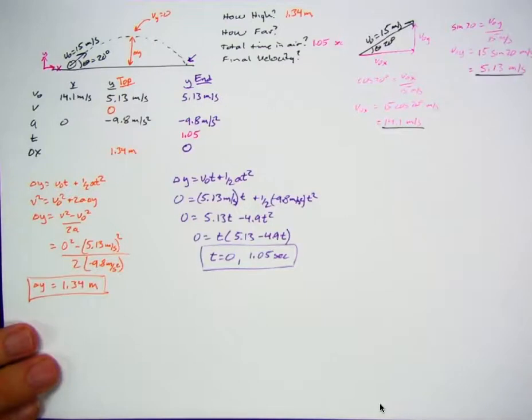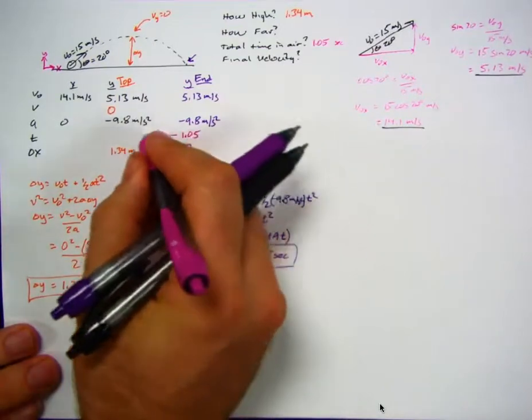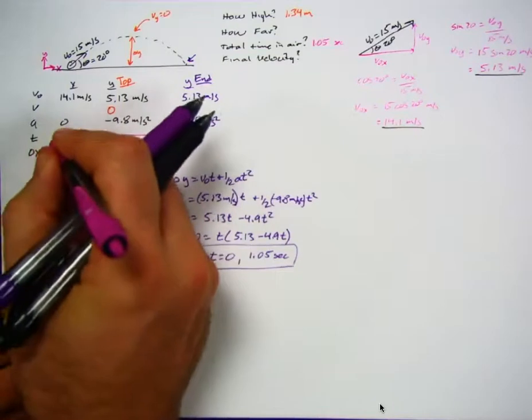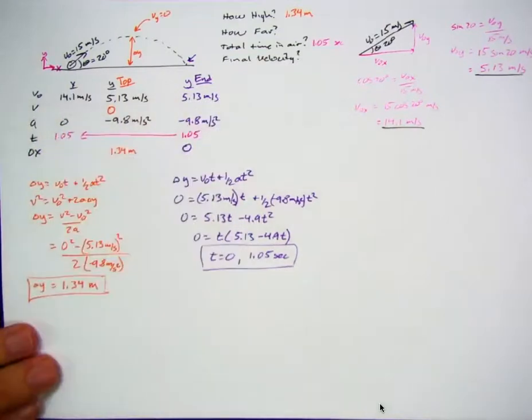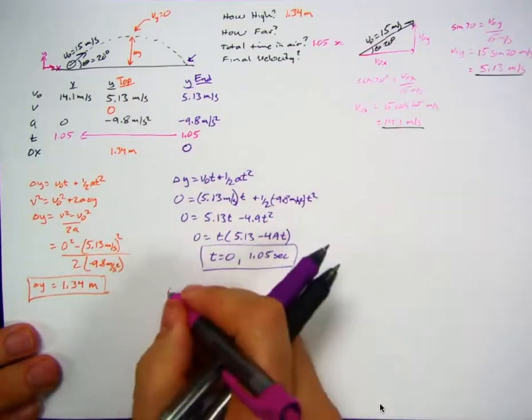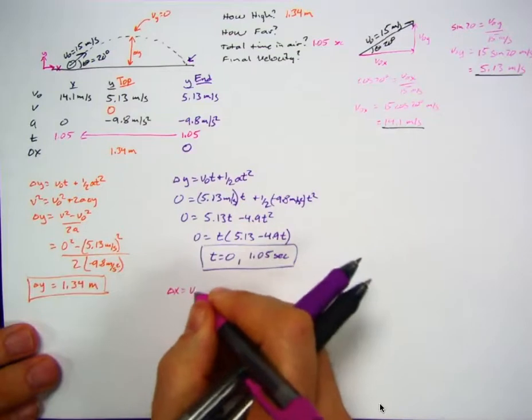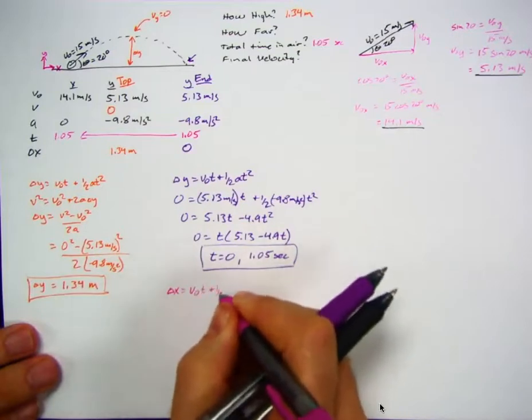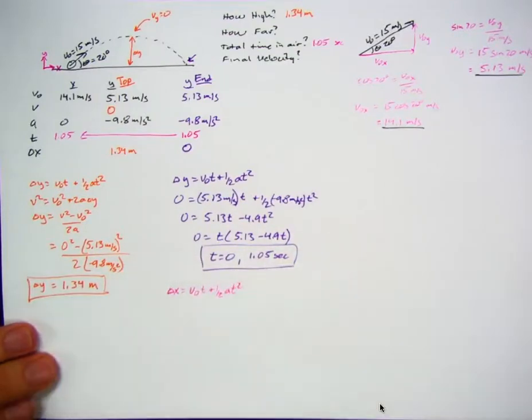How far does it go? We now have to share that time, 1.05 seconds, with the x so I can figure out the distance. Then I can say, oh, delta x is equal to v0t plus 1/2 at squared. But in the x direction, what do I notice?